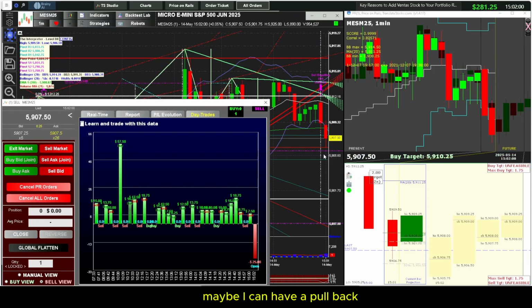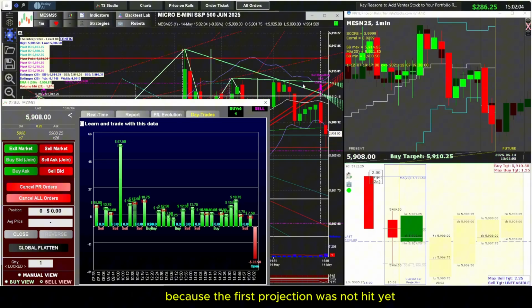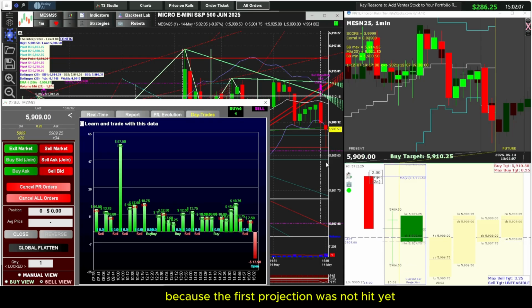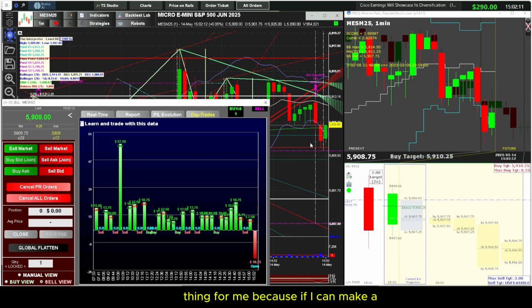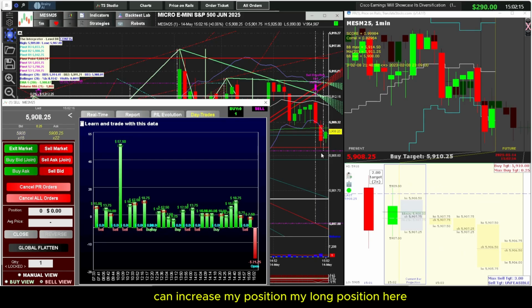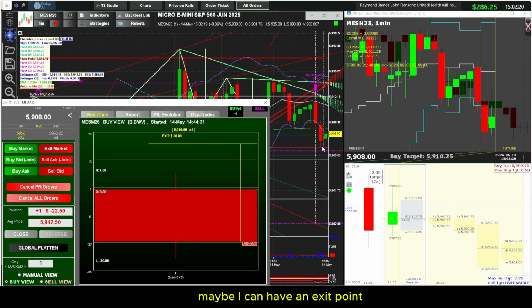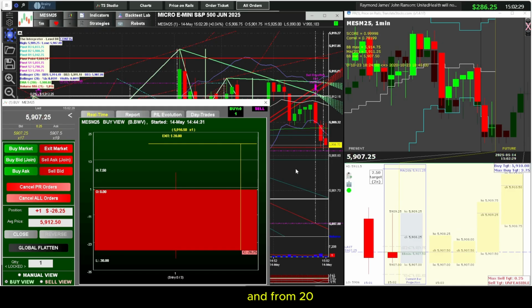Maybe I can have a pullback if I make an entry here on the first projection of the triangle, because the first projection was not hit yet. And that's a good thing for me, because if I can increase my long position here, maybe I can have an exit point, because I can have a $2 pullback, and from 20, let's just try.